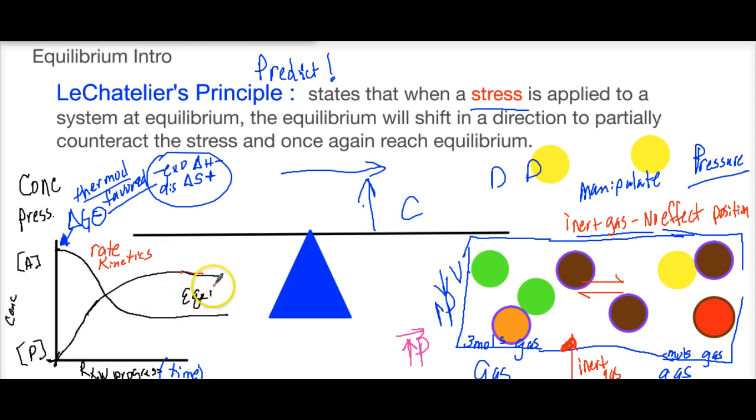And this, my friends, is equilibrium. So that's where we are now. Equilibrium is when the forward and the reverse reactions occur at the same rate. So a lot of what we do in this unit is look at these places.